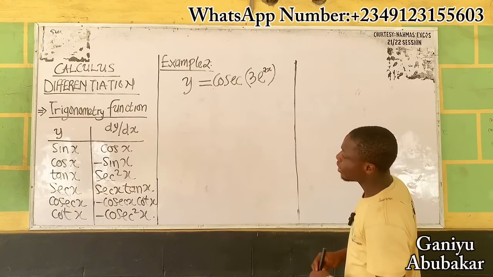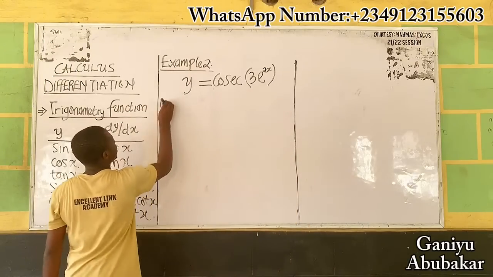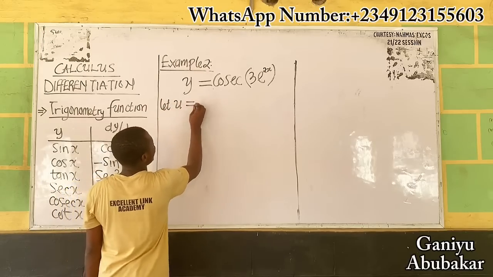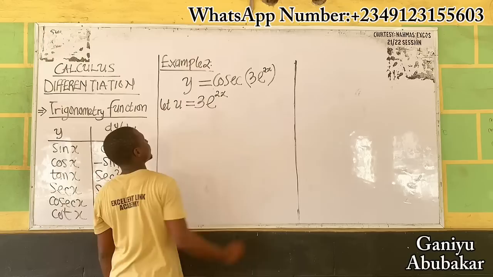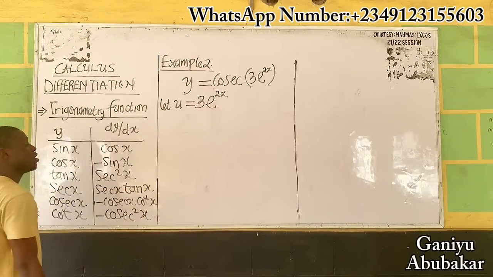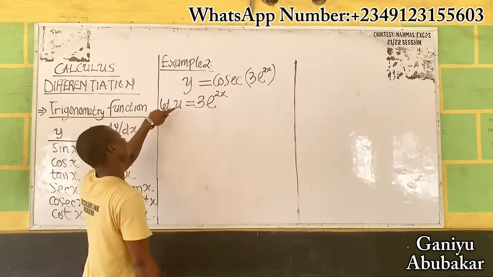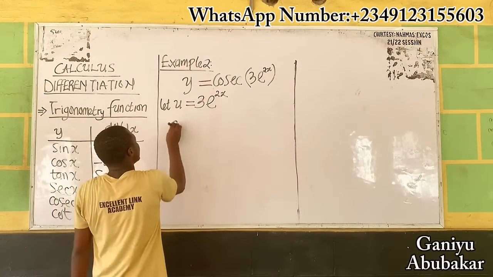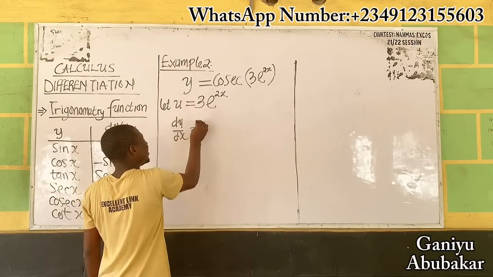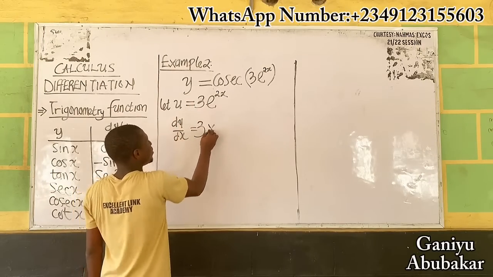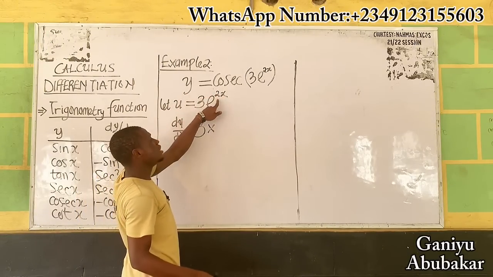Solving this here, it's quite easy. What do we know? First task, let u be equal to 3 exponential 2x. I'll use the exponential shortcut here. I'm seeing u, I'm seeing x, so I'll have du over dx equal to 3 times the derivative of exponential 2x. What's the shortcut? Differentiate the power.